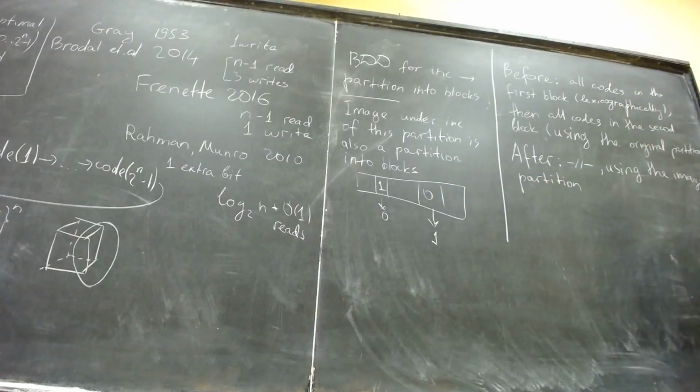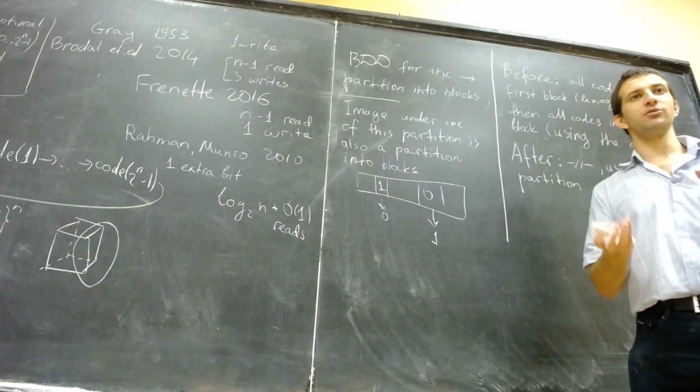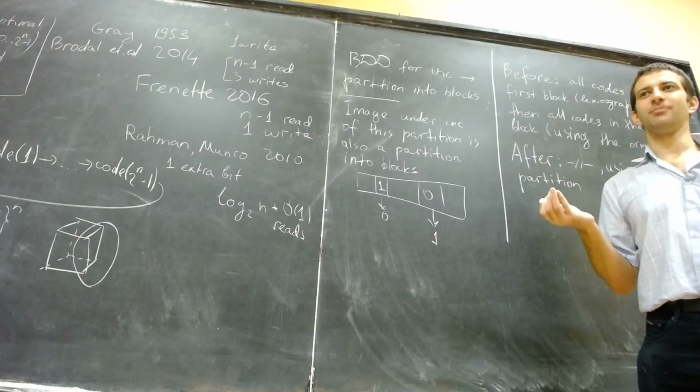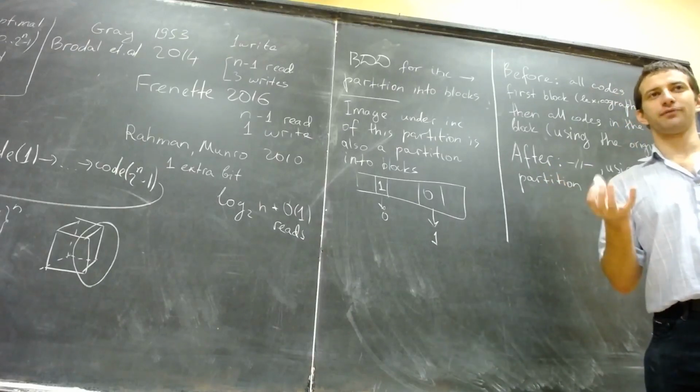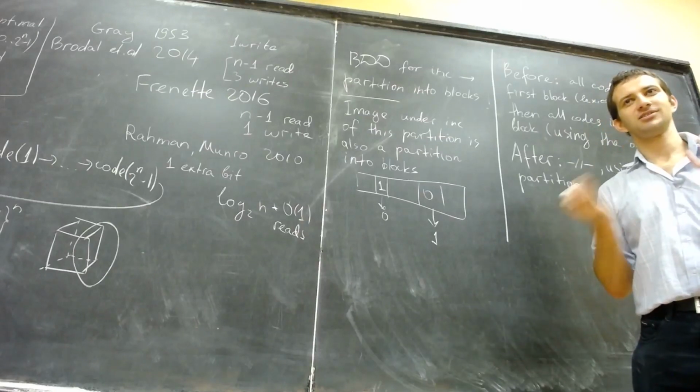It's not clear why the images of different blocks form a partition. Because they are not allowed to intersect, since a bijective image of a partition is a partition. Always, theoretically.